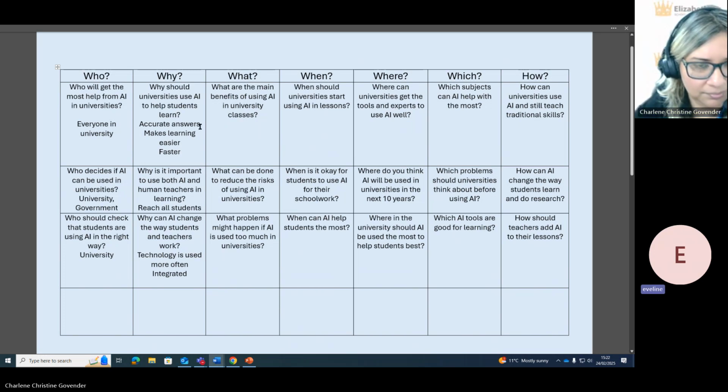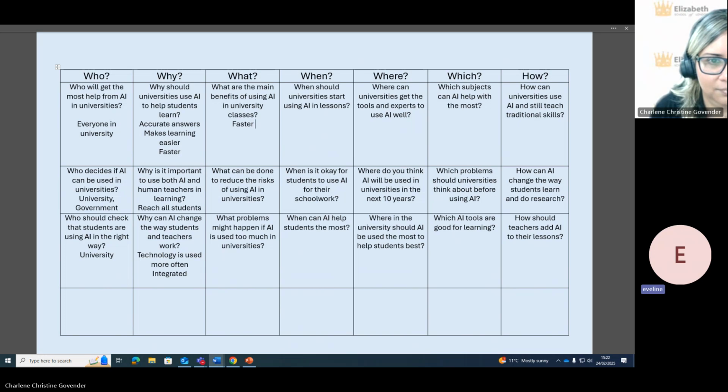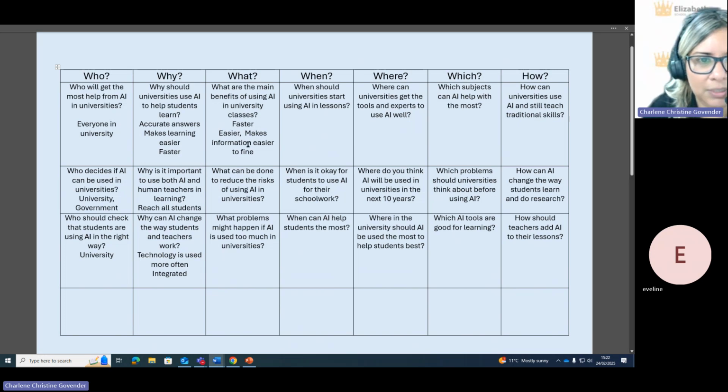I think it makes things faster and easier. If you want one piece of information, instead of going into a book with many pages and having to keep going until you find the information, you just write in one topic and then you can read straight away. It makes information easier to find.